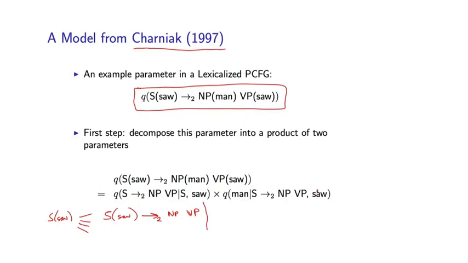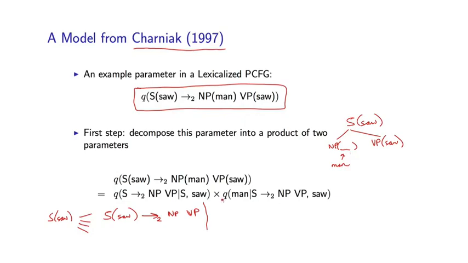The second parameter can be interpreted as follows. Say we have S saw, and we've actually chosen this rule. So we've chosen NP VP, and saw is the head of the VP. So I have a 2 under this arrow. Then we have a choice of which lexical item is going to fill in this position in the rule. So potentially any possible word could fall into this position. This parameter corresponds to the probability that man is chosen in this position within the rule.